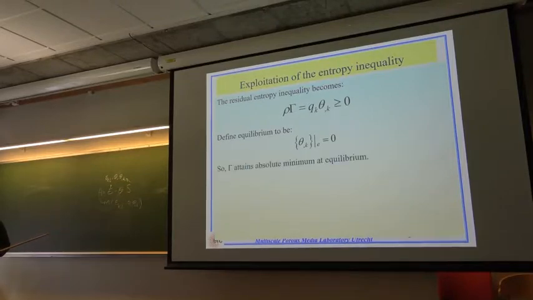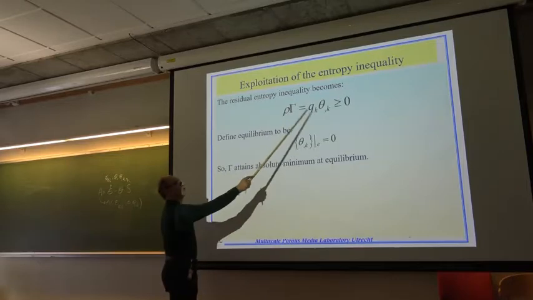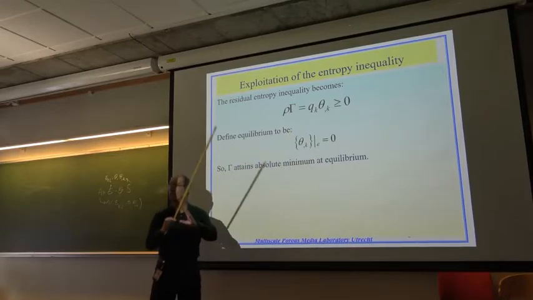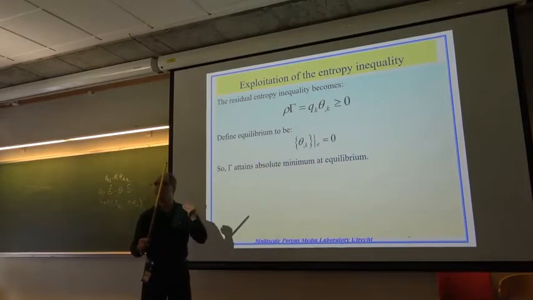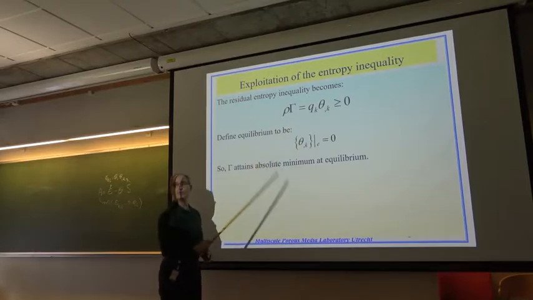Now, at equilibrium, gamma will be at its absolute minimum, because we have constructed everything so that gamma is always non-negative. The minimum value it can have is zero. So it is at absolute minimum.